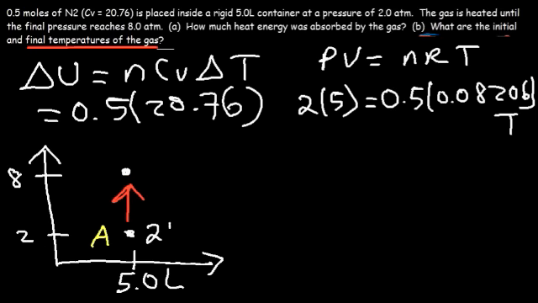So at point A, the temperature is 243.7 Kelvin. And then let's do the same for point B.